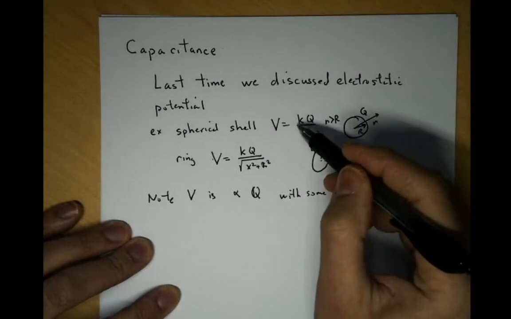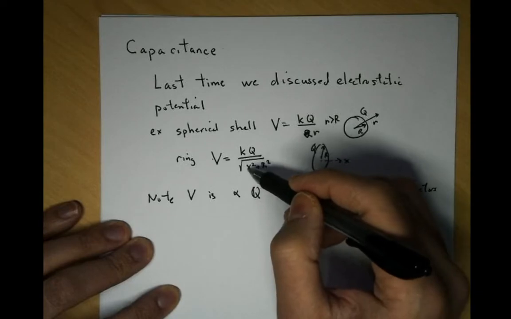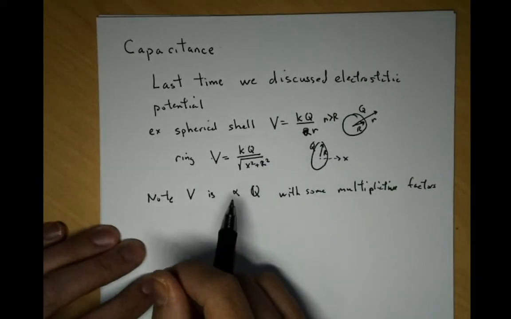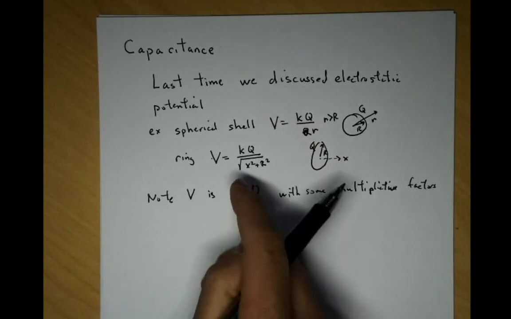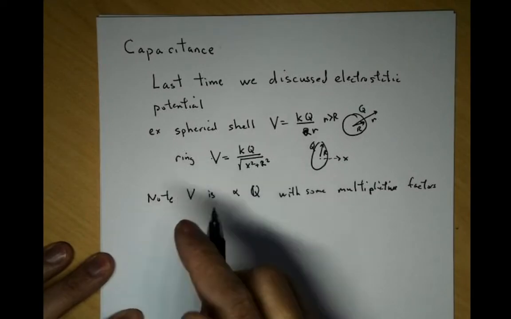In this case, this is K over R, and this is K over square root of X squared plus R squared. But it's just some factors there, and it's always multiplied times Q. That's the thing that you should notice here.